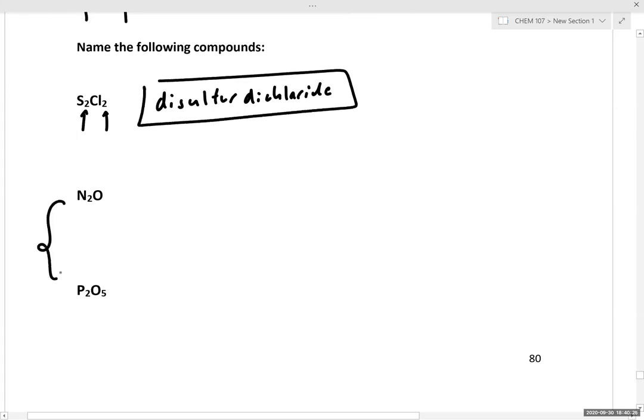Let's work on these next 2 over the next 3 minutes, and let's try to propose names for these 2 compounds in the chat. Practice makes perfect. And if you have any questions naming these binary covalent compounds, I'll be happy to answer your question.